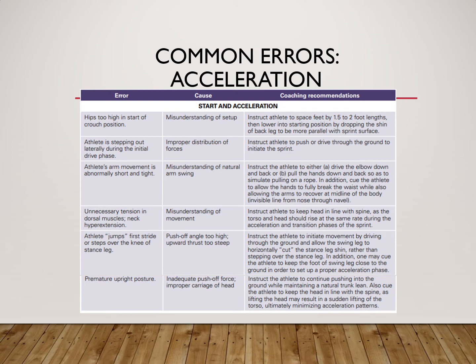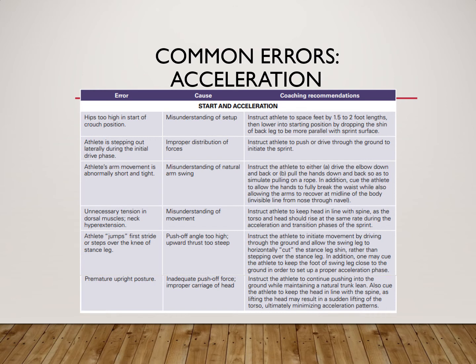There could also be lateral movement as you start to accelerate, and that's going to cause a loss of force, putting forces into lateral movement as opposed to horizontal movement. So anything that causes us to cover a greater distance is going to impact our ability to accelerate and the speed at which we can accelerate.